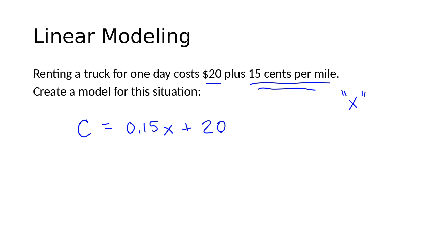The cost in this situation is our dependent variable. And that's because the cost depends on how many miles you drive. The miles, then, what we have labeled as X, is our independent variable.